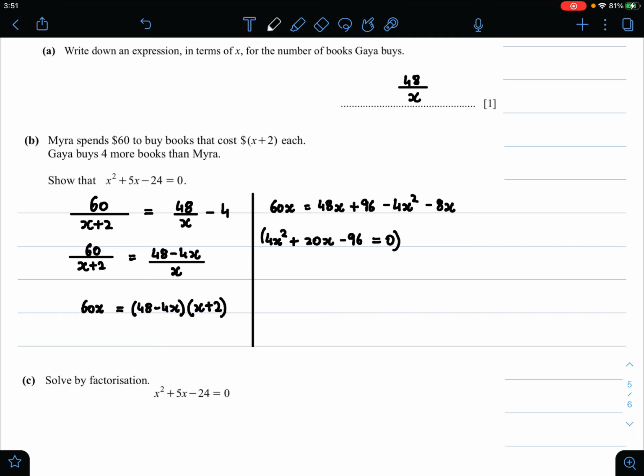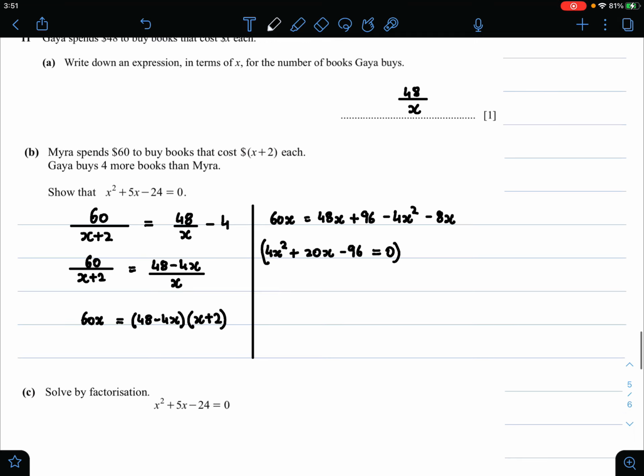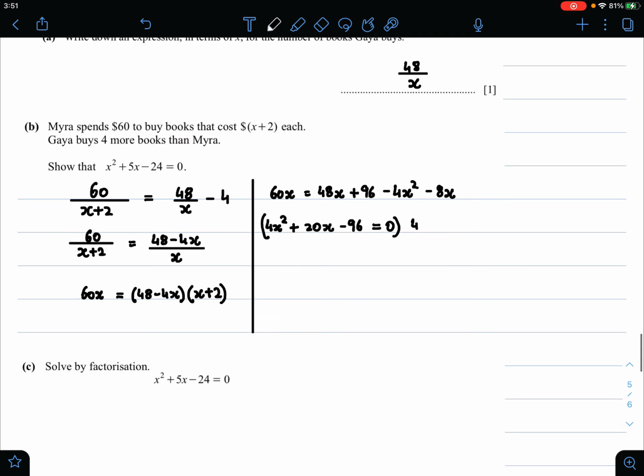Now we can divide the entire equation by 4 to get rid of the coefficient that x square has. So it would be x square plus 20 divided by 4, which is 5, so 5x, and negative 96 divided by 4 is equal to negative 24. Therefore this would be your final answer for part B of the question.